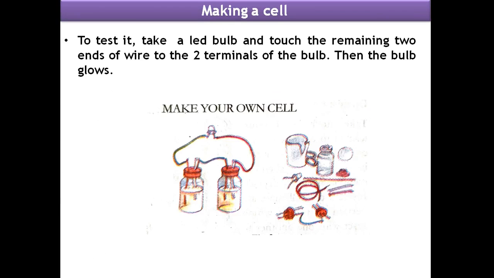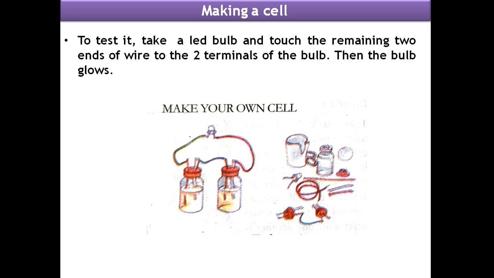To test it, take an LED bulb. Touch or attach the remaining two ends of the zinc strip and copper wire to the two terminals of the bulb. Then the bulb glows. Instead of sulfuric acid, we can use lemon, tomato or potato in making our own cell.